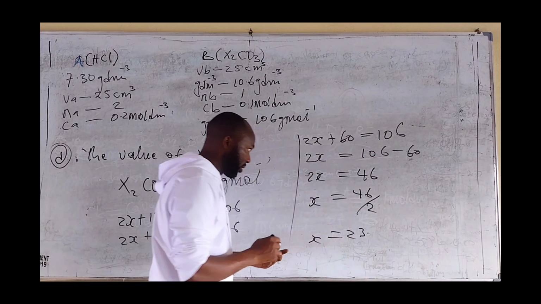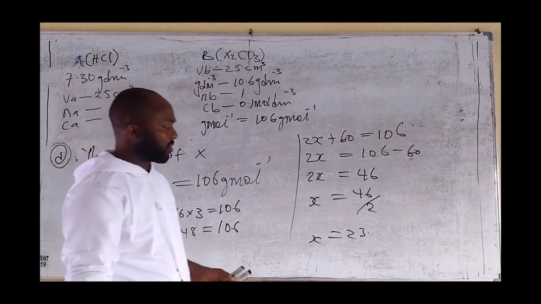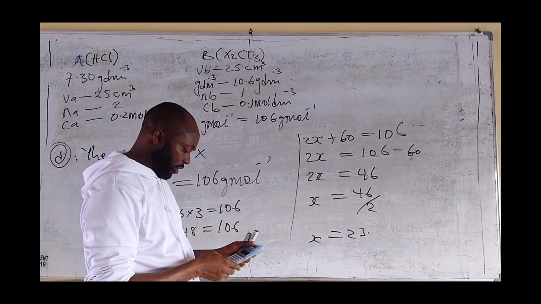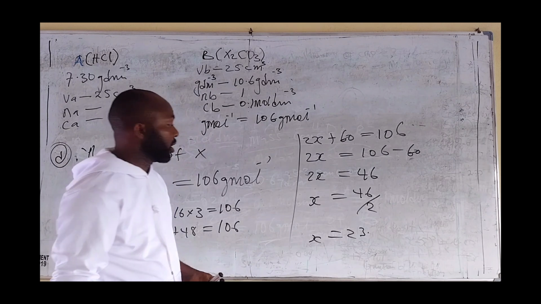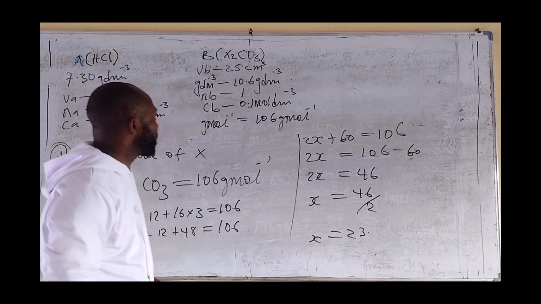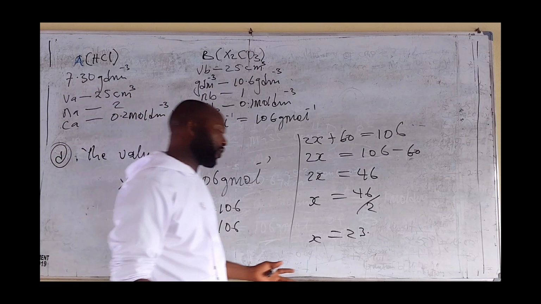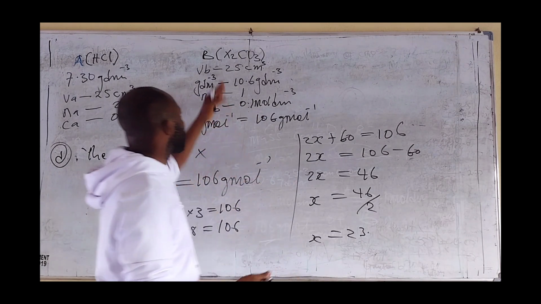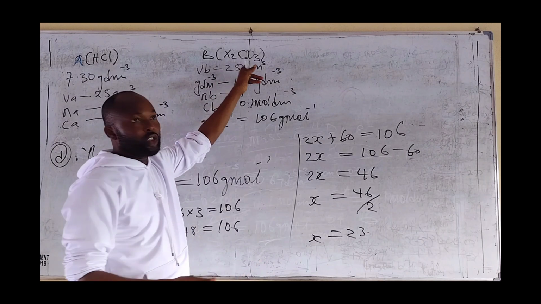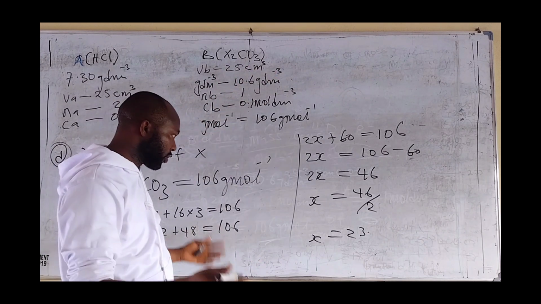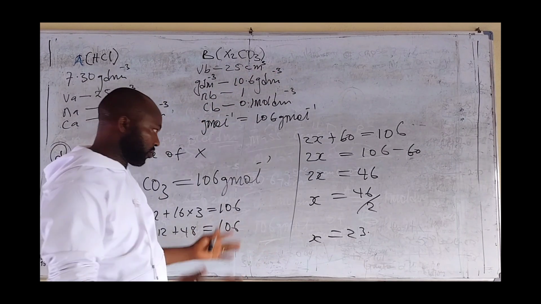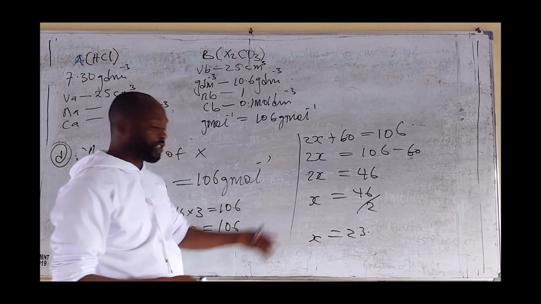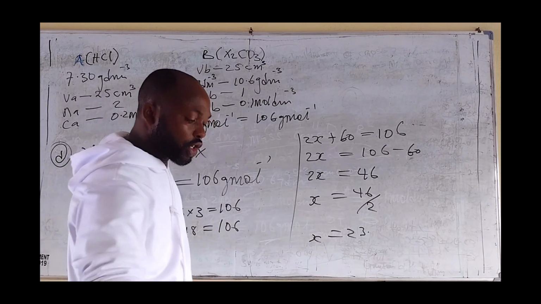Divided by 2 is 23. So now the value of X is 23. And if you were asked to find out, sodium has an atomic mass of 23. So this would have been disodium trioxocarbonate. They did not ask us, but let's just keep moving. We've solved that already. Let's take our third question.